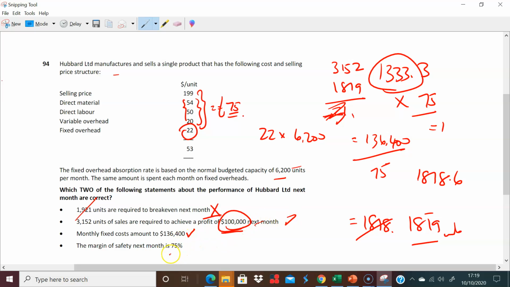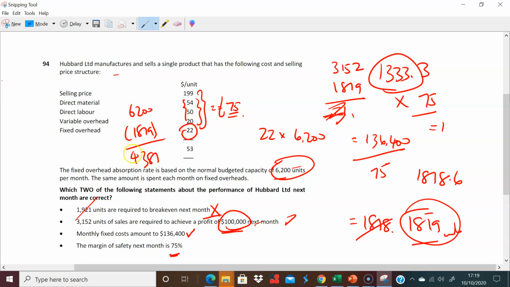Let's just do this to test it ourselves. So if your break even is 1819, and your budget is 6,200, your margin of safety therefore must be 6,200 minus 1819, which is 4381.